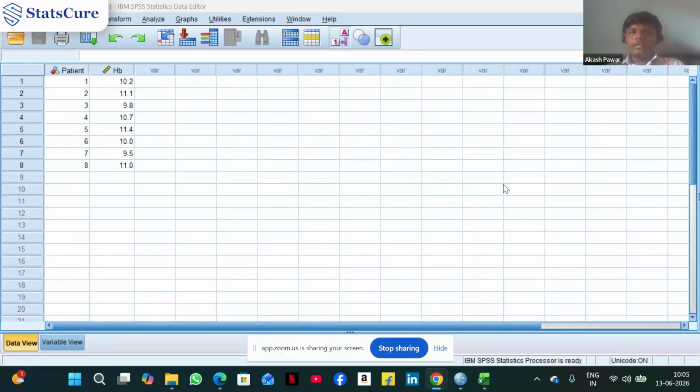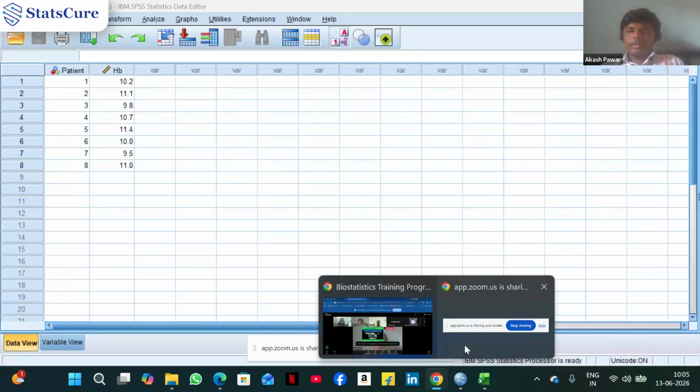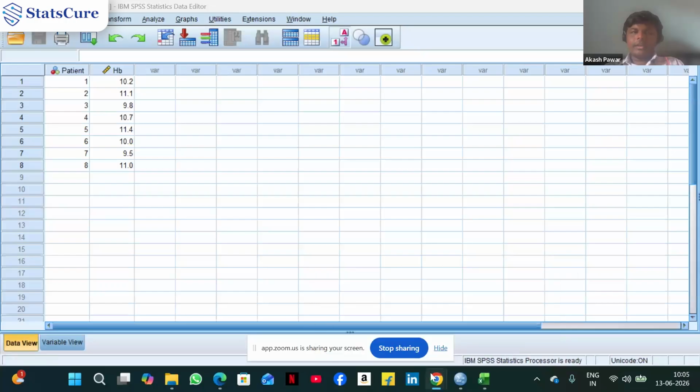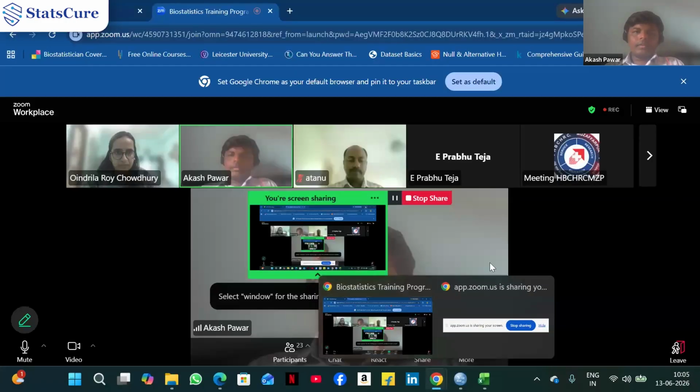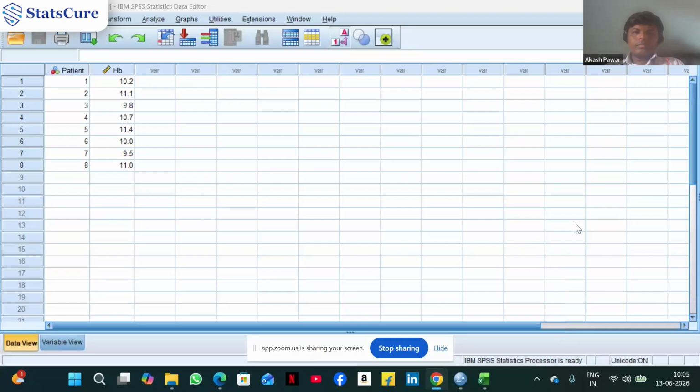I guess people can do the tab change above. Can everyone see that there is one tab and another tab, two tabs? Hello? Yes, yeah. Akash, start on that. Okay. Yeah, we can see.